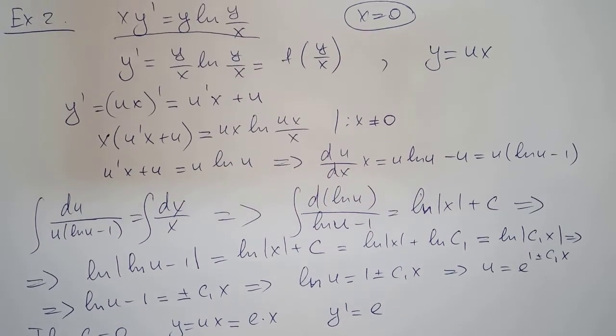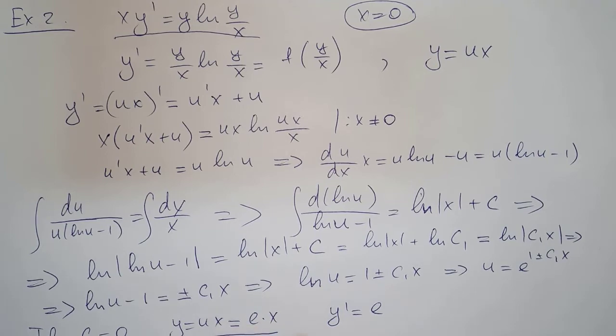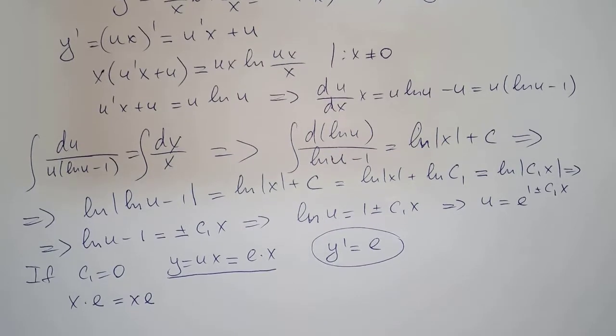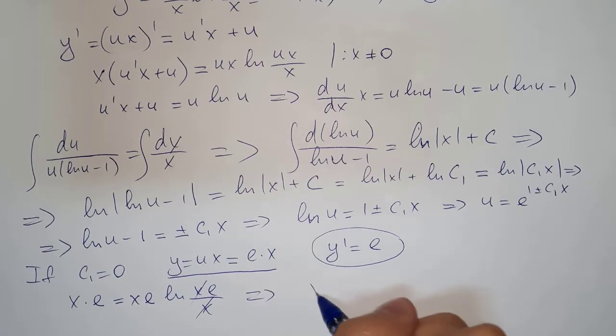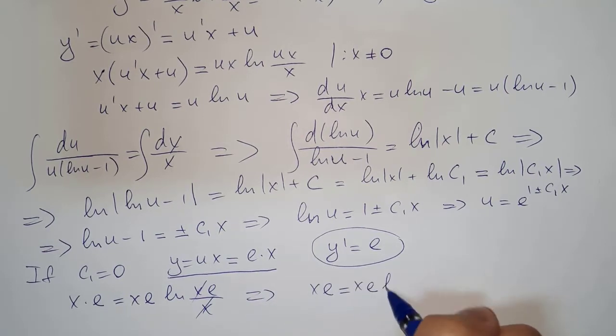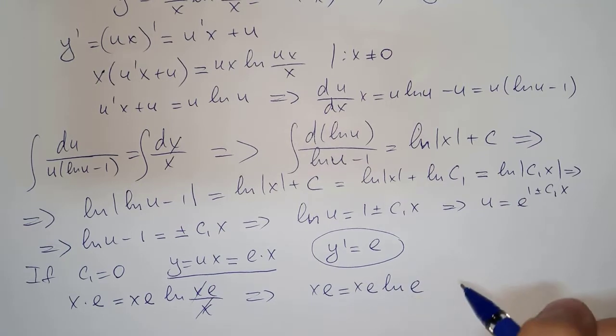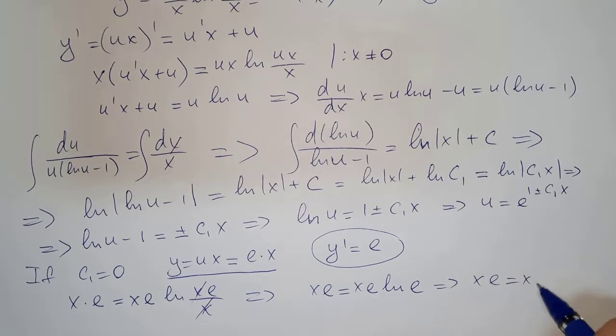Instead of y you need to put xe, because this is y, this is y'. So xe times ln(xe over x). x and x are cancelled, and here we have xe is xe ln(e), where this is 1, so it means xe is xe.